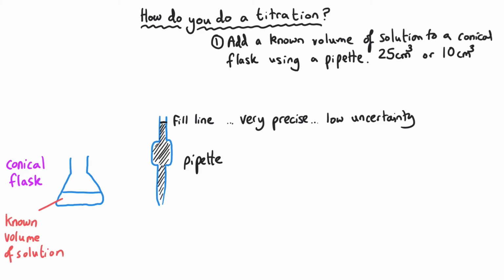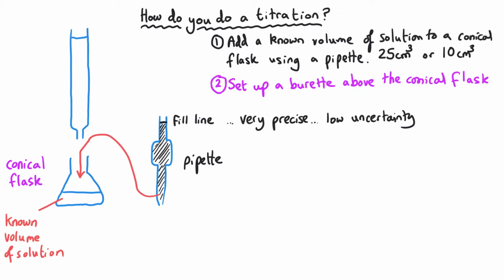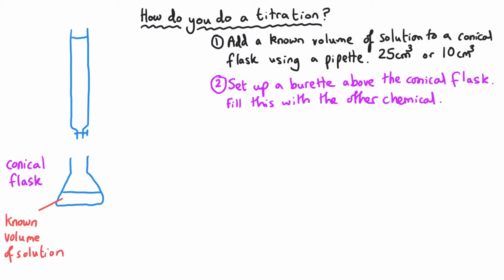Once you've transferred your solution into the conical flask, you set up a burette clamped in position above the conical flask. This has got the other chemical in it that you're going to react with whatever is in your conical flask. Typically, titrations are a reaction between an acid and an alkali, but there are other types of titration.